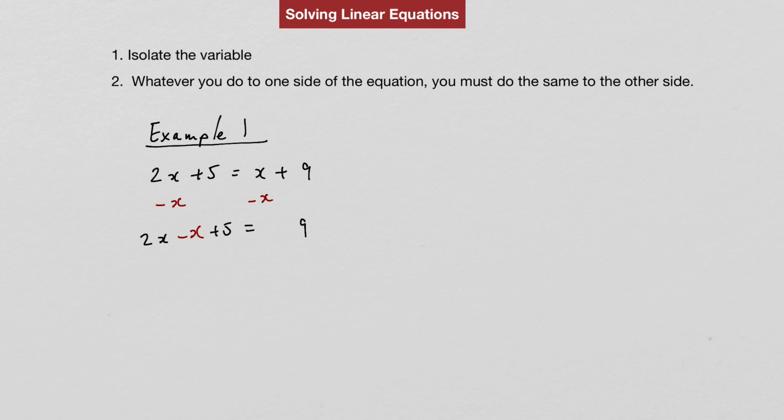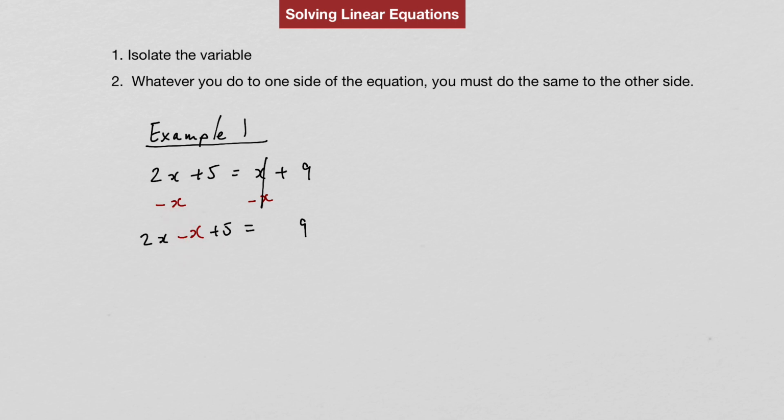The x's cancel out on the right side of the equation, and that's the whole reason we subtract x from both sides, because we want to eliminate the x on the right side and move it to the left. If you follow the negative x over here, it just continues on. We haven't done anything here.